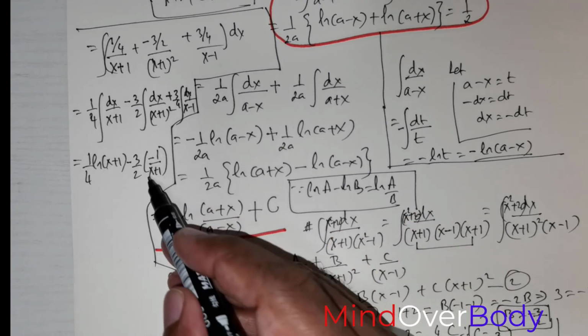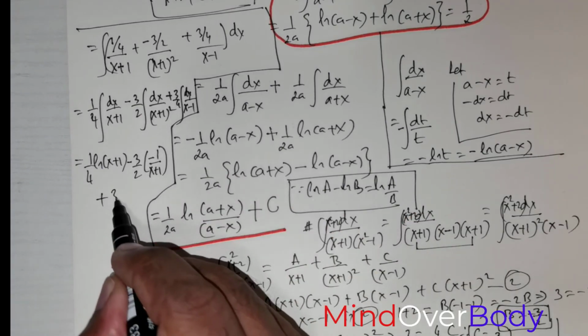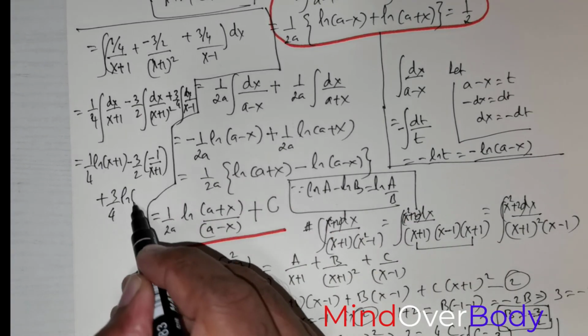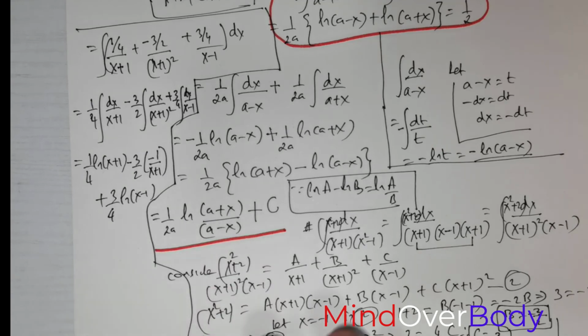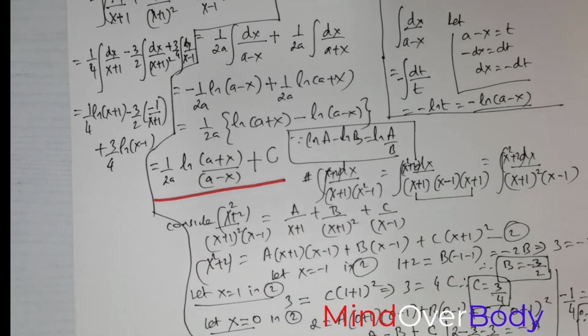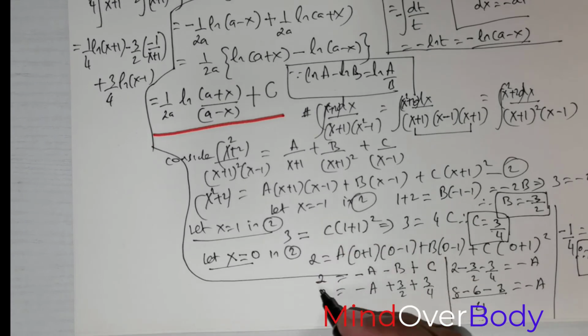Negative 1 over x plus 1 followed by 3 over 4 ln of x minus 1. So if you were to rewrite this, let me rewrite the solution over here.